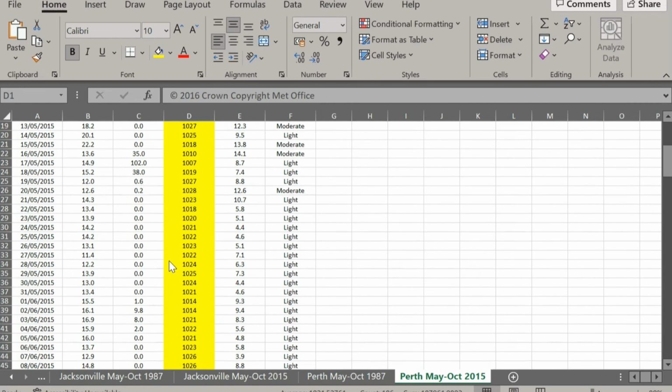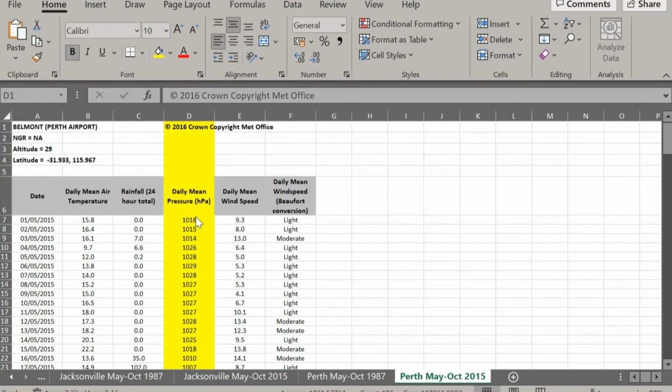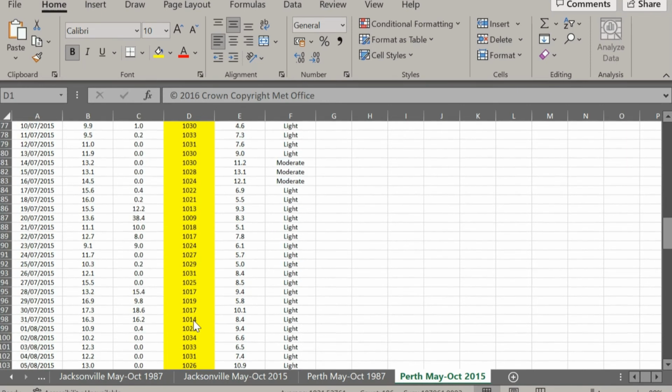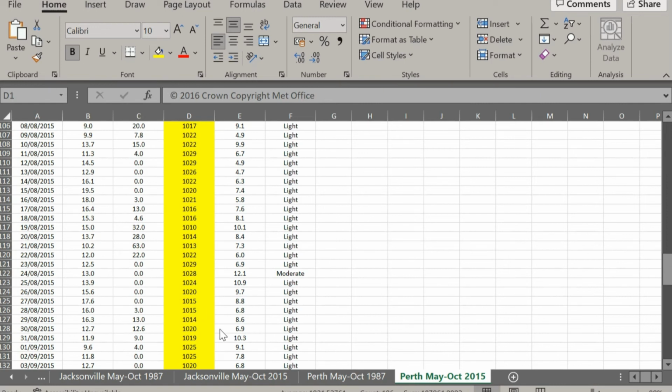well, for these different values, we've got smaller values such as 1018, and then we've got larger values such as 1031, and this is for Perth, for example.